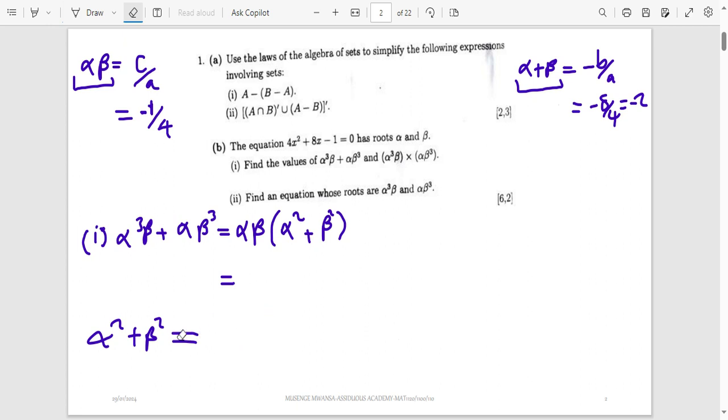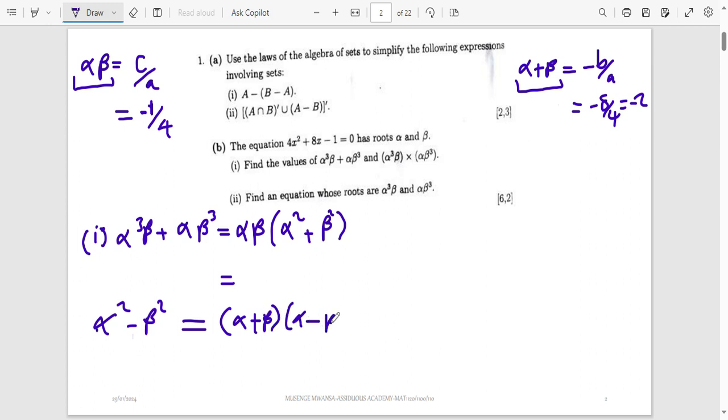A lot of people don't even know which one means the difference of two squares. Alpha squared minus beta squared is a difference of two squares. You can write it as alpha plus beta and then alpha minus beta. It is not the same as alpha minus beta squared. That is not a difference of two squares.